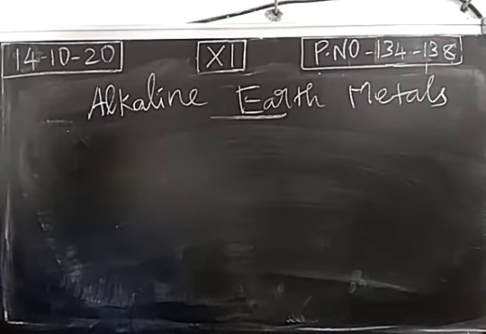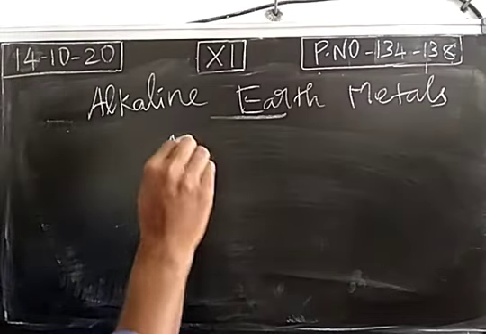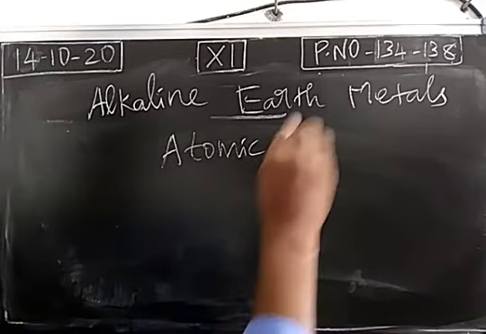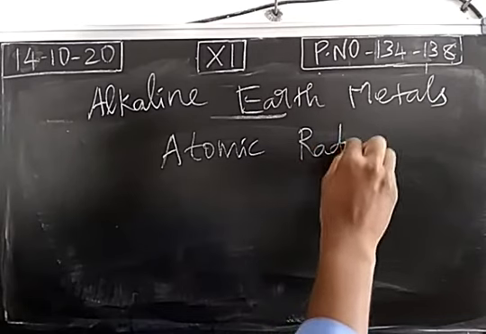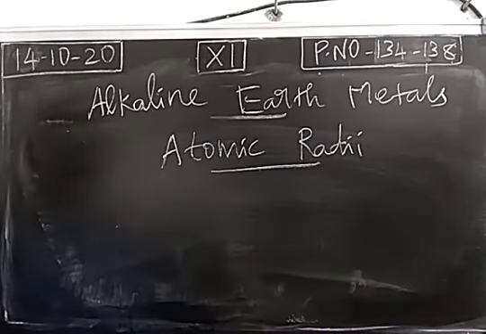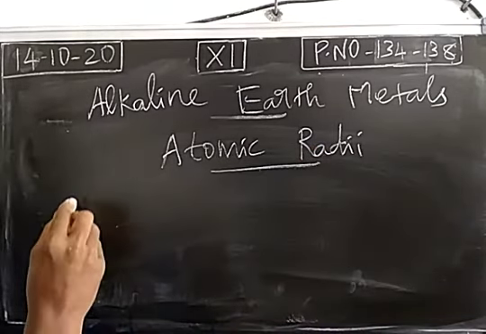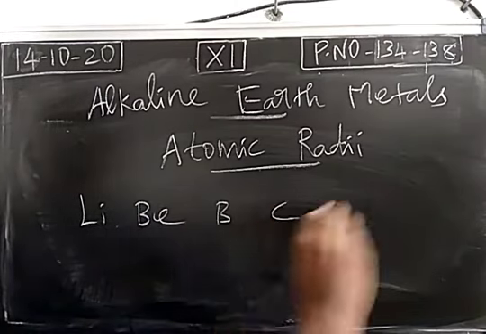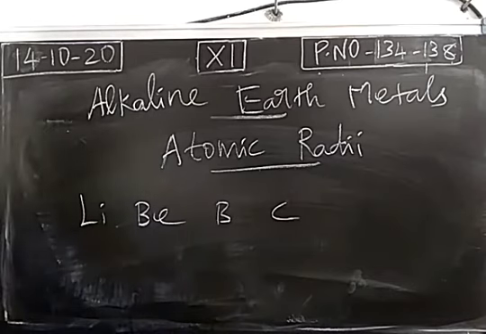Next, variation of periodic properties. You take atomic and ionic radius. When you take a period, left to right size decreases.